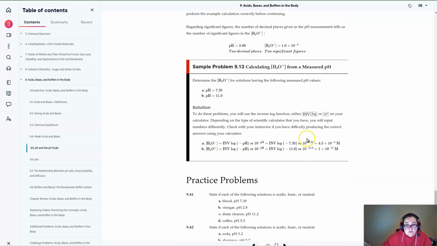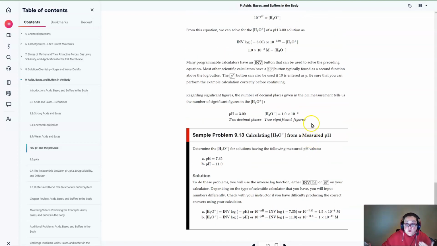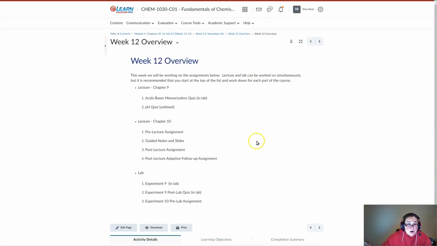So you can see some problems worked out. They follow the sig fig rules correctly, and so pay attention to the sig fig rules when you type in your answers. It's not just about getting the calculation correct, but it's also about getting the right sig figs. You'll miss the problem if you have the wrong sig figs. So those are holdovers from Chapter 9. The rest of the material is as usual.